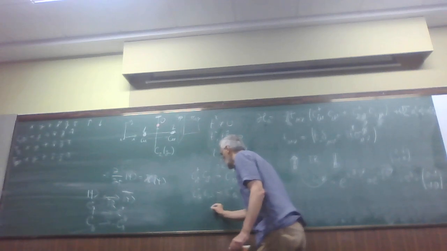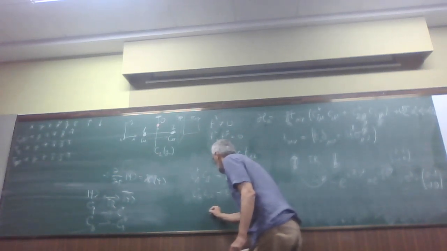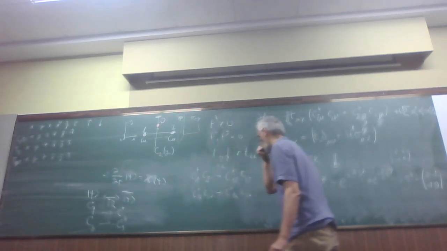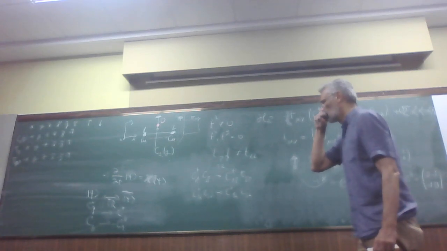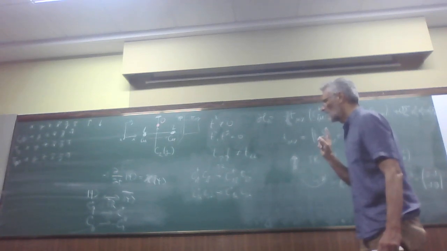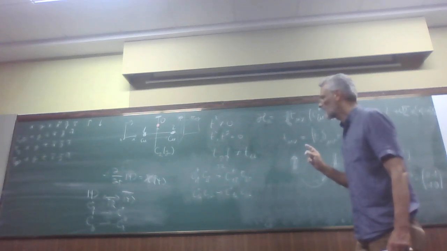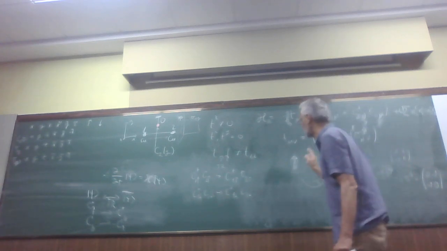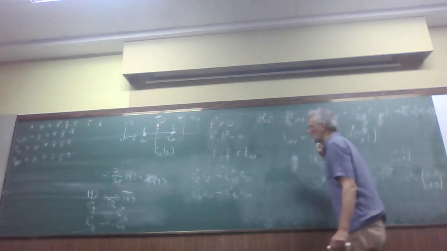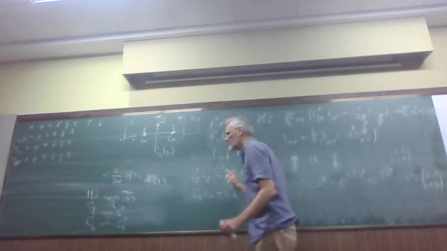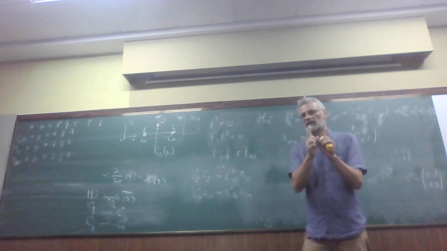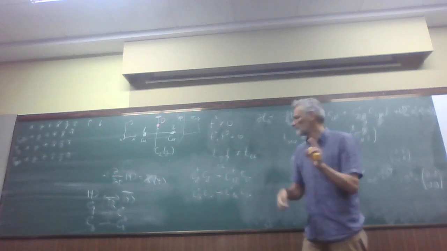Then can we have a kind of spin flip hopping? Why can't we have, if we have time reversal, a different T up from T down?